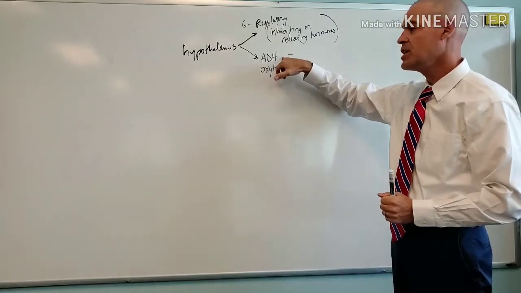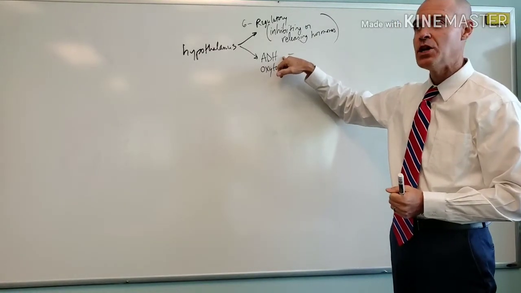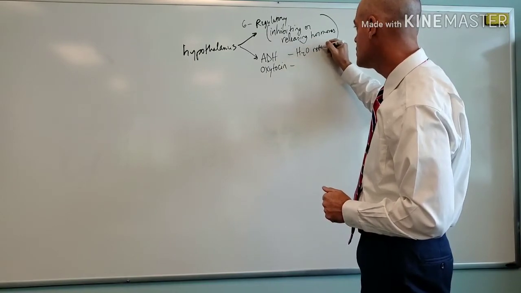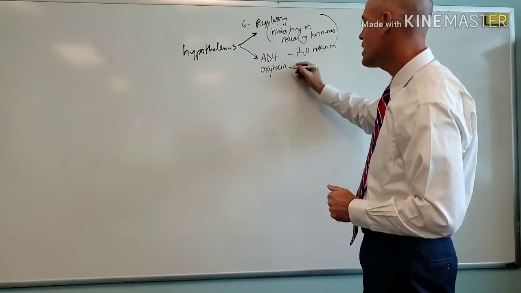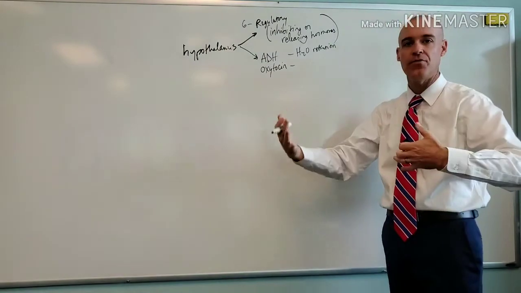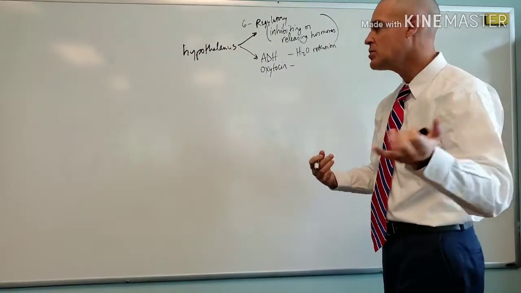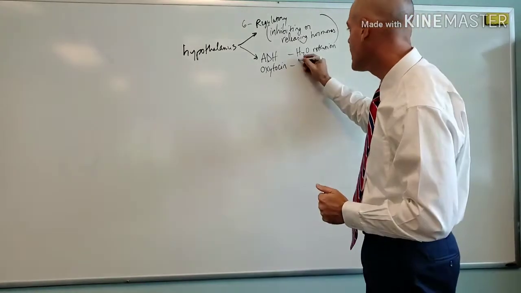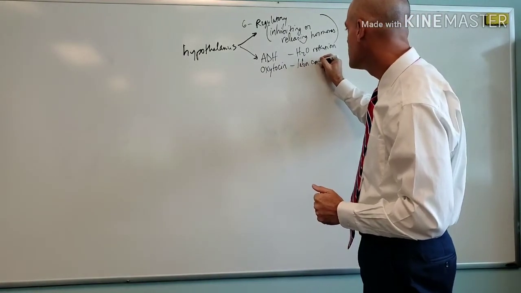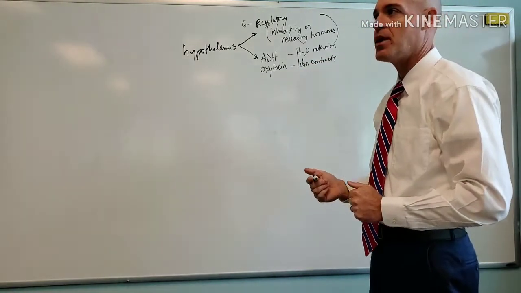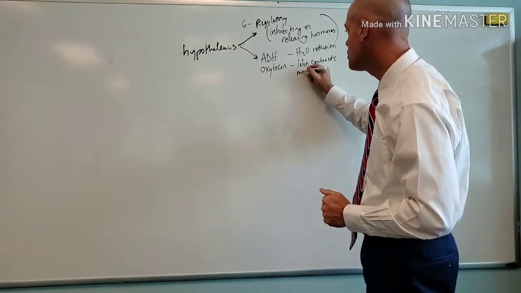Now, ADH stands for antidiuretic hormone. So this one's going to be water retention. Oxytocin has a whole bunch of effects, both in the male and the female. The big ones, of course, in the female are going to be labor contractions. And the other big one's going to be milk ejection during pregnancy.